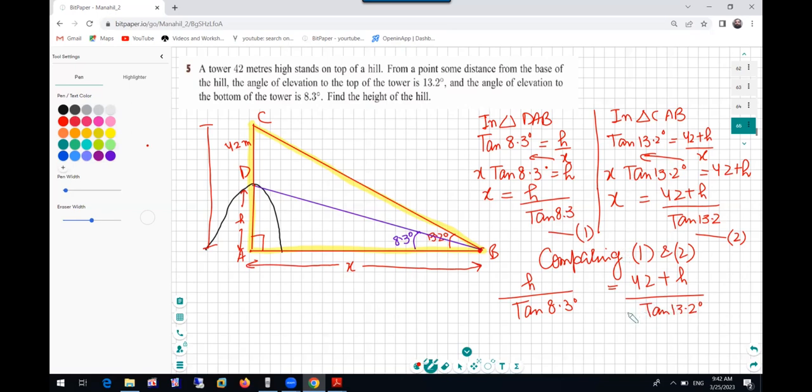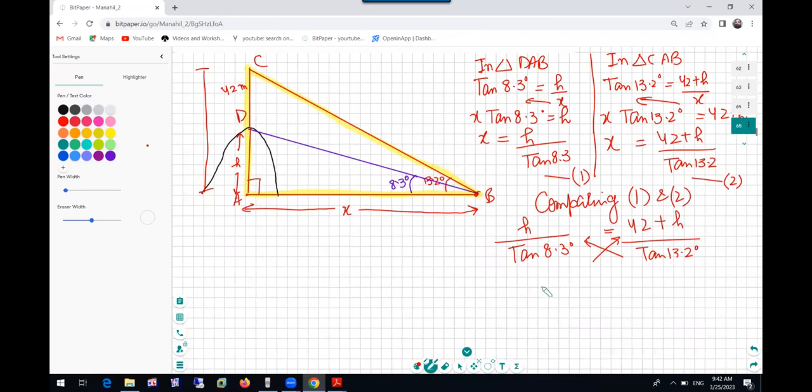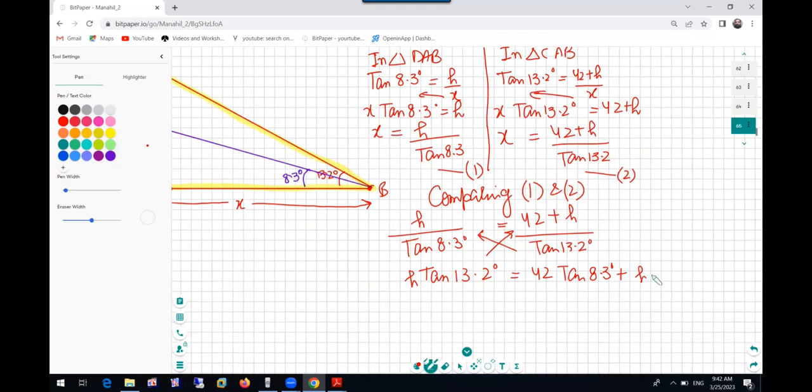So I'm going to do the cross multiplication here. So after cross multiplication, what I get is h times tan 13.2, and what it becomes, tan 8.3 will multiply both of them, so it will be 42 tan 8.3 plus h tan 8.3. Got it? So to make h as a subject, we need to combine the terms that have h.